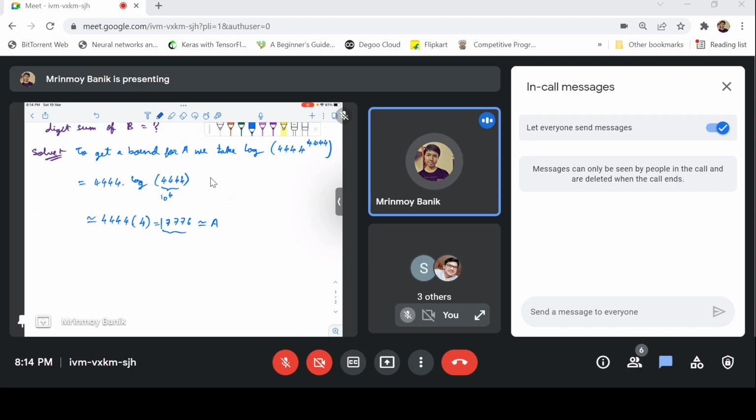So how many digits does this have? 1, 2, 3, 4, 5. So 5 digits. Okay, let's do it step by step. So sorry, this is not the bound for A. This is the bound for log A, right? So A has around 17776 digits in its decimal expansion.